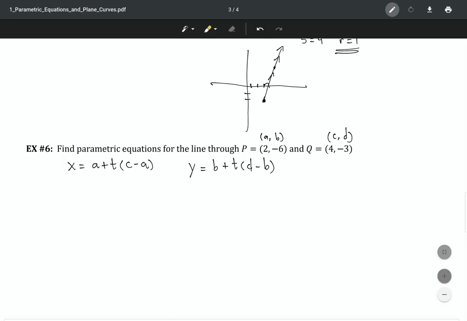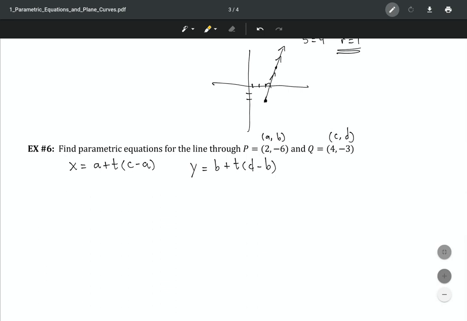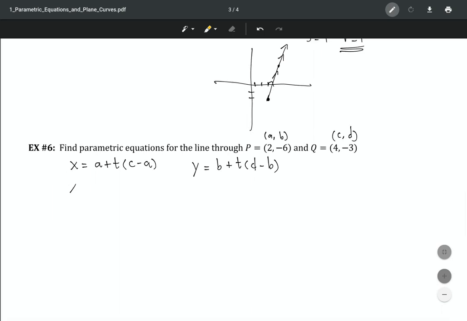Okay. So now, X is equal to 2 plus T times (C minus A), which would be 4 minus 2. So 4 minus 2 is 2, so this is going to be 2T.